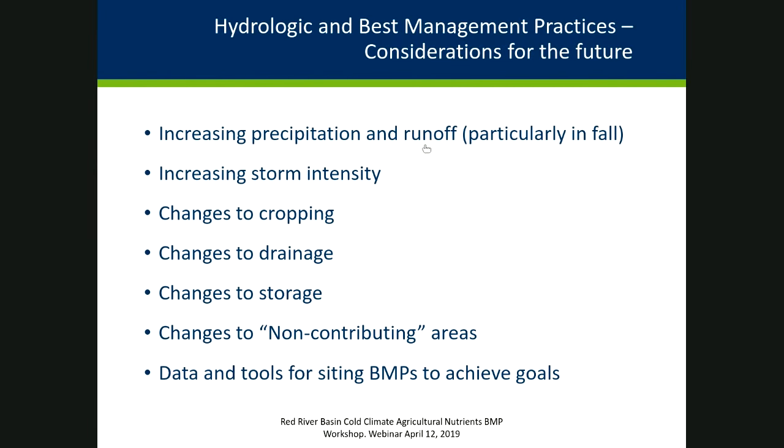Storm intensity, at least of those 2 to 3 inch storms, has changed, and that is expected to continue. We've had changes to cropping and cropping practices, changes to drainage, changes to storage, changes to non-contributing area. And I also want to touch on there's a lot of data and tools for siting best management practices when you're thinking about hydrology and hydrology goals.